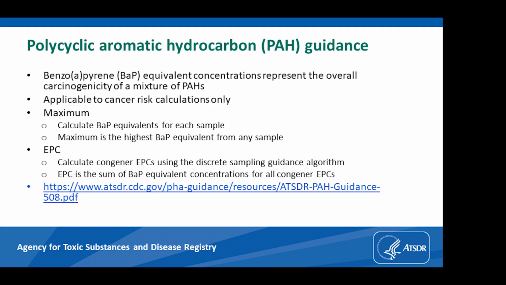And then it weights those EPCs by their toxicity to BAP and sums them to get the EPC BAP equivalent for the data set. There's a lot more that goes into these calculations than what you see on this slide, but we're not going to get into that today. For more information, though, you can see the PAH guidance document, the link to which is shown here, or the recording of the PAH training webinar that occurred last week once it gets posted.